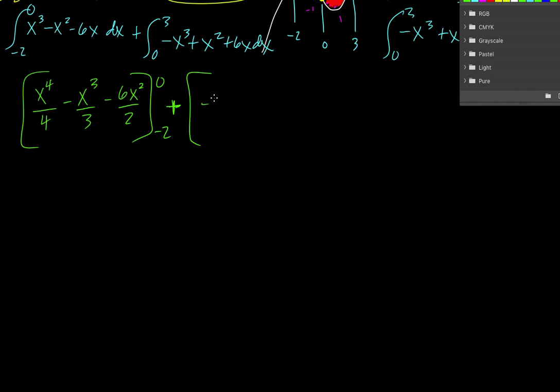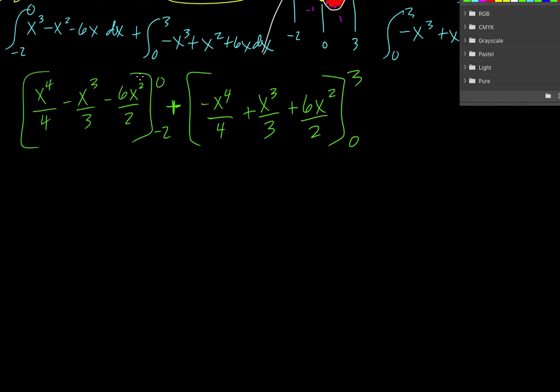And then we get negative x to the 4th over 4, and we get x cubed over 3, and then 6x squared over 2, from 0 to 3.